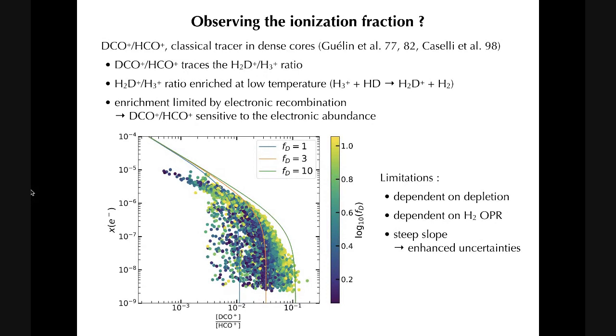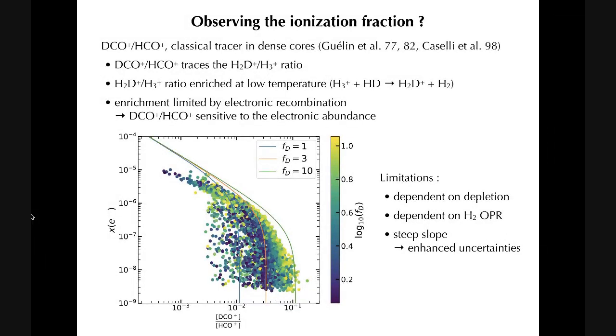Of course, the simplified analytical approximation is still an approximation. But more interestingly, there is a large scatter in the relationship, and it doesn't all come from the depletion factor, but a lot of it comes from the ortho to para ratio of H2, because the enrichment of H2D+ is very dependent on this ortho to para ratio.